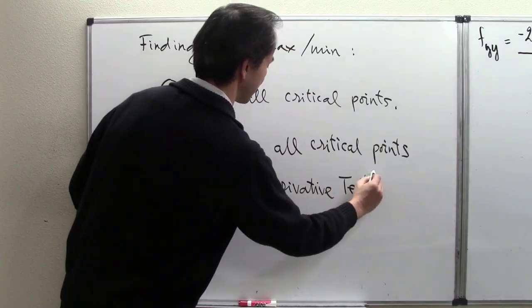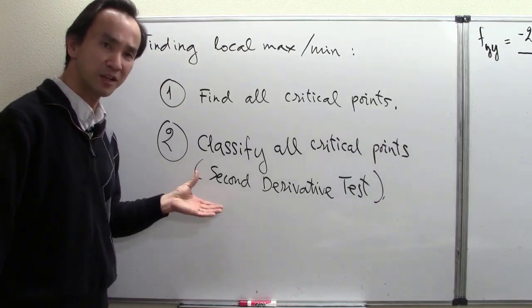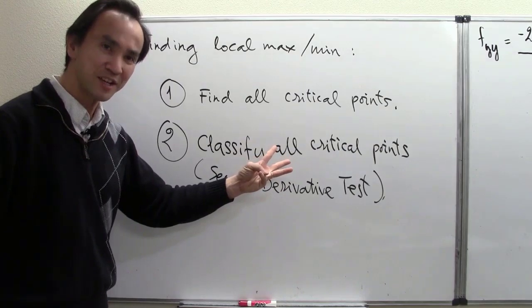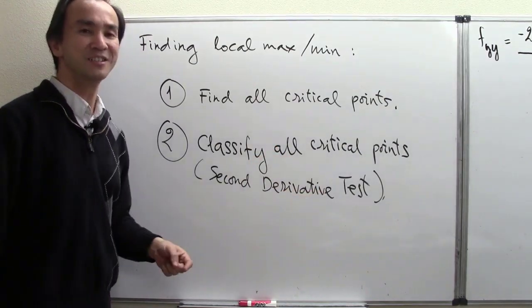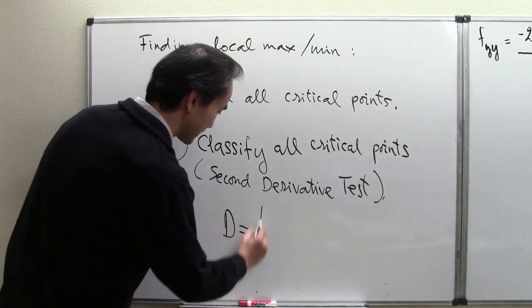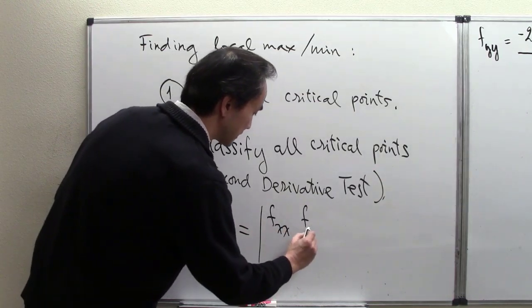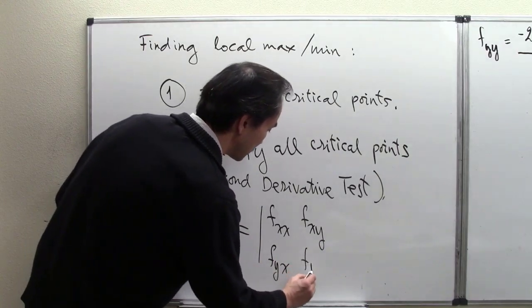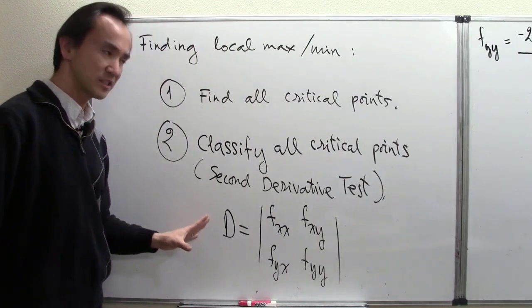This part may be the most time consuming one due to the fact that we got to find the three partial second derivatives, then evaluate them and put them in the determinant. So the essential part to remember is that determinant of f sub xx, f sub xy, f sub yx, and f sub yy. Think of that determinant right there. So we got a lot of work in this step 2.